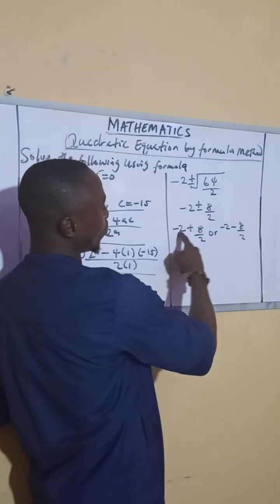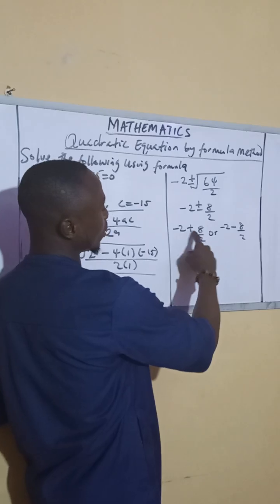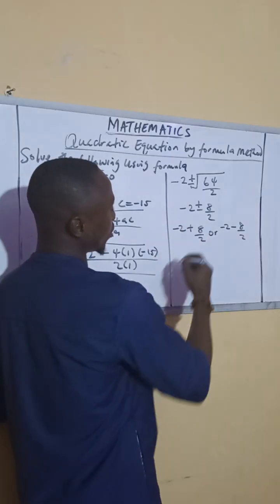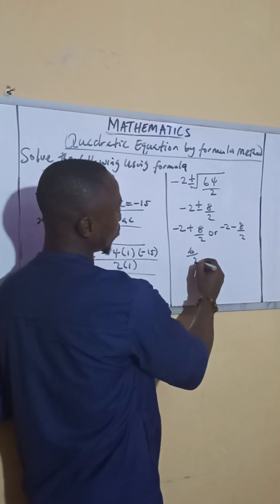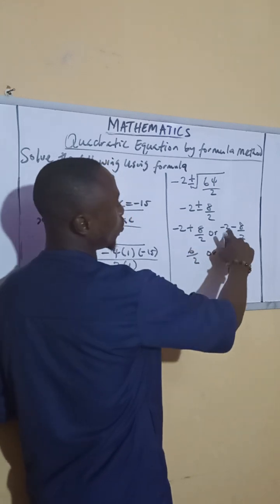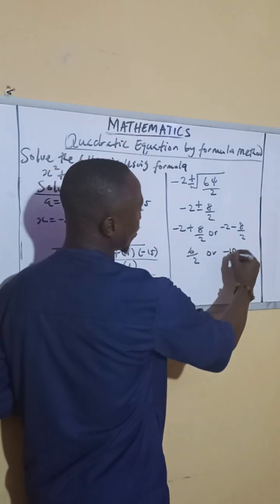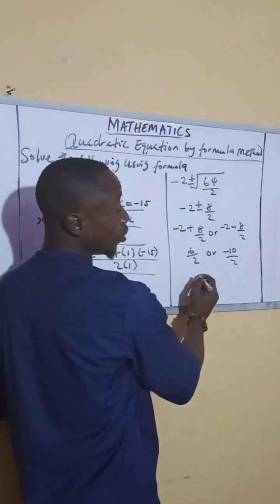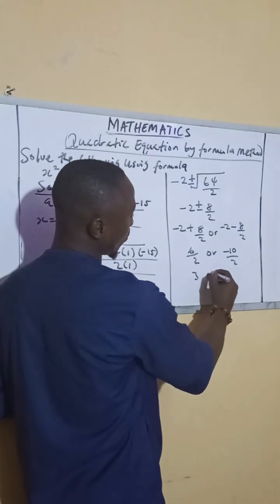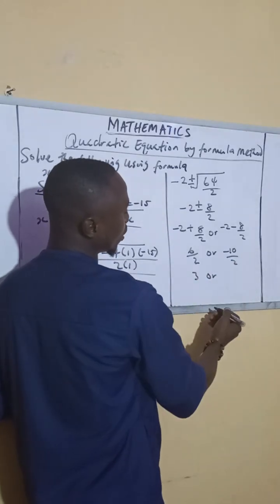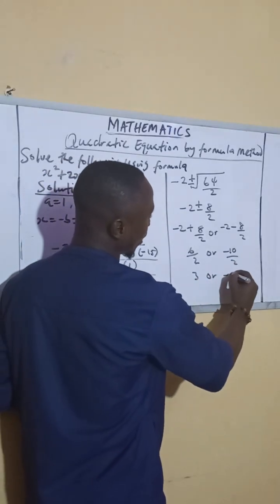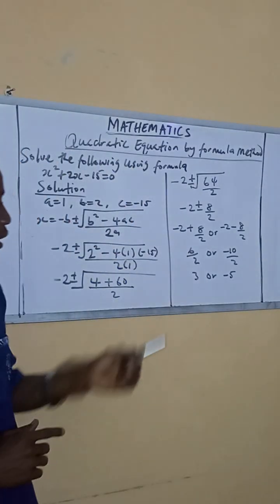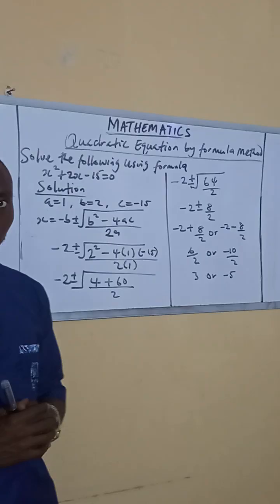If you effect this on this 8, we are owing 2 naira, we now paid 8 naira, so we are having 6 over 2. Or we are both owing here, which means we are owing 10 naira over 2. If you divide this, 2 goes into 6, we have 3. 2 goes into minus 10, we have minus 5. So our answer for this question is 3 or minus 5.